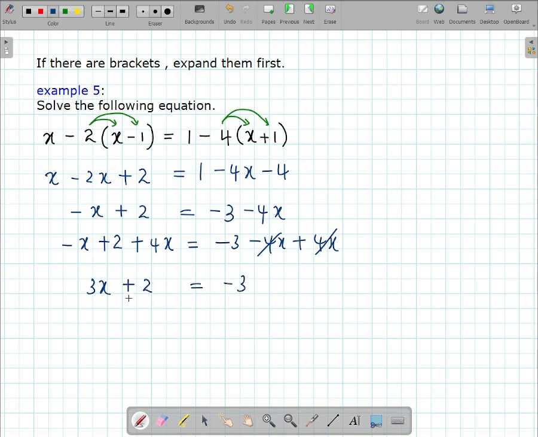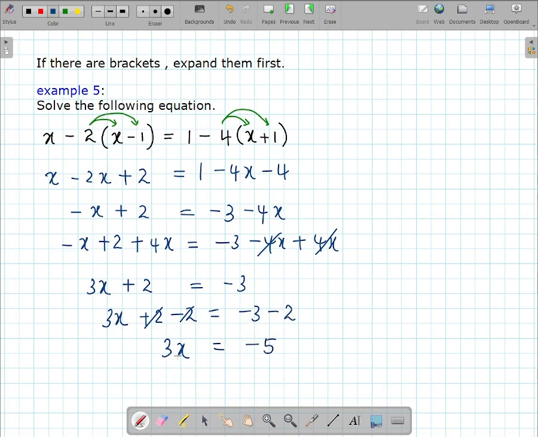Then I have to remove this plus 2. How? Subtract 2 from both sides, that is 3x plus 2 minus 2, minus 3 minus 2. Then plus 2 minus 2 gone, 3x only remains. Minus 3 minus 2, that is minus 5.